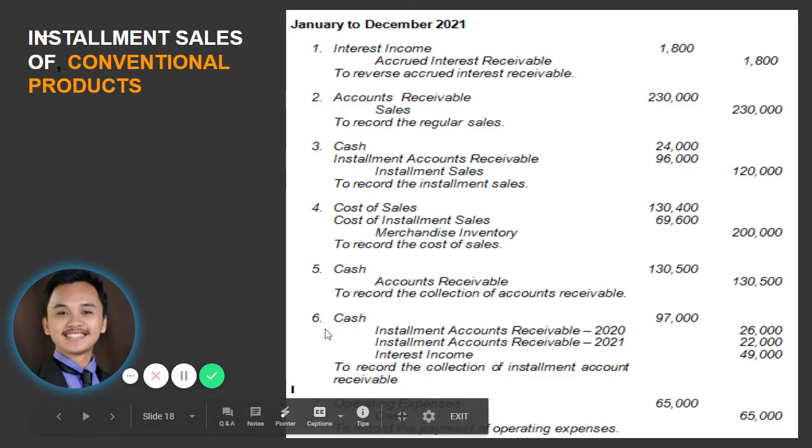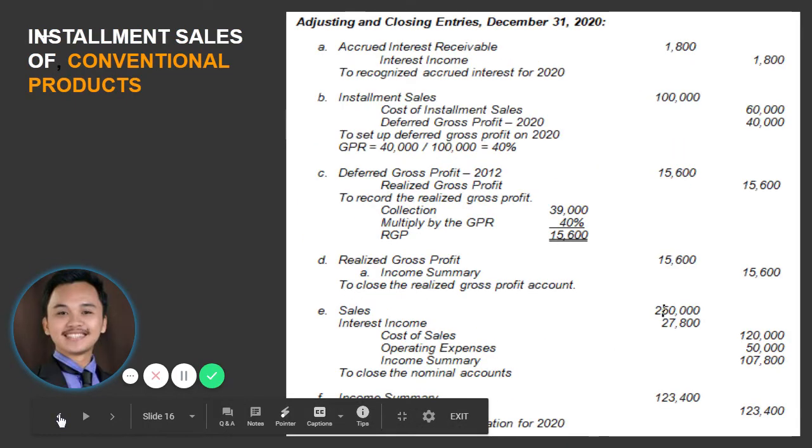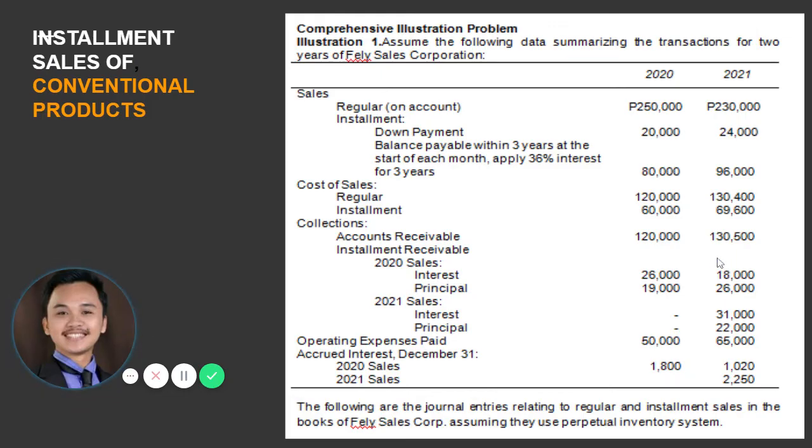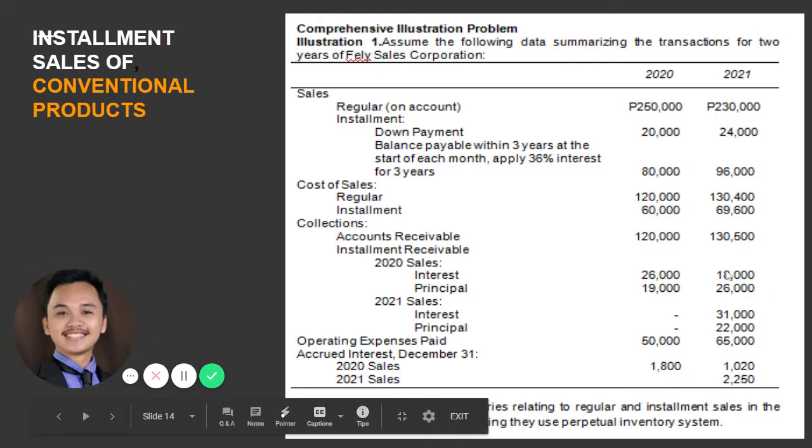Now this time, let's proceed right away to the sixth transaction wherein we record the collection of our installment accounts receivable. So we have a total cash collection of 97,000. So where does the 97,000 come from? That 97,000, guys, is from here. Let's go back to the problem. It comes from 18 plus 26 plus 31 plus 22.